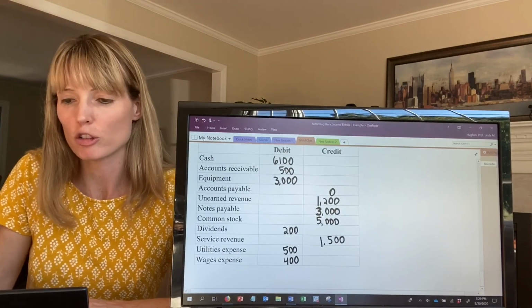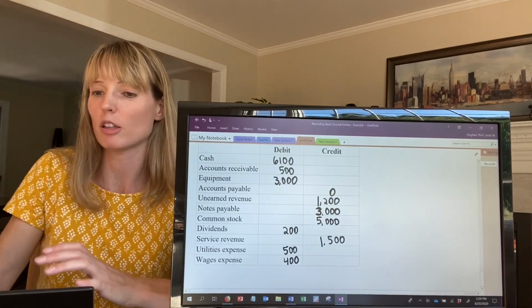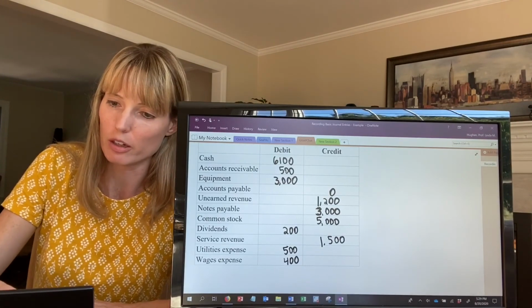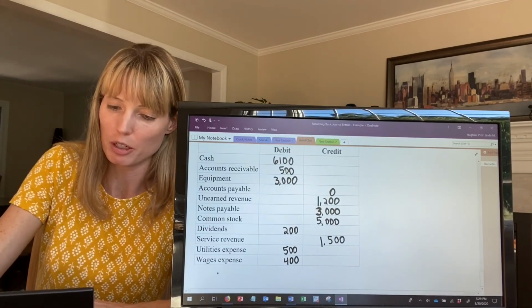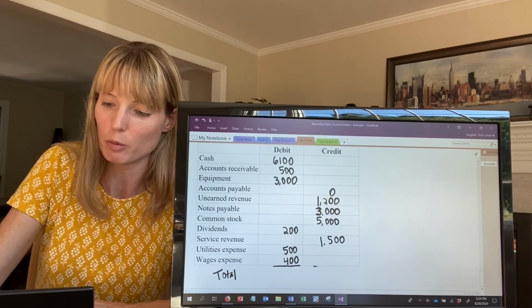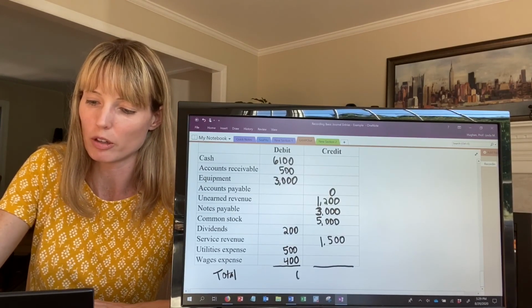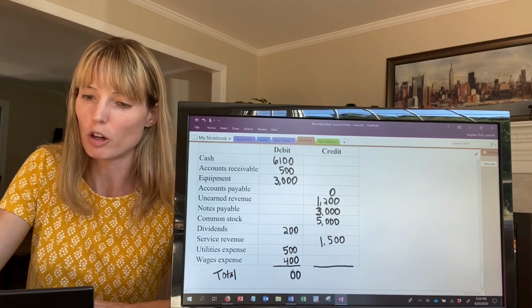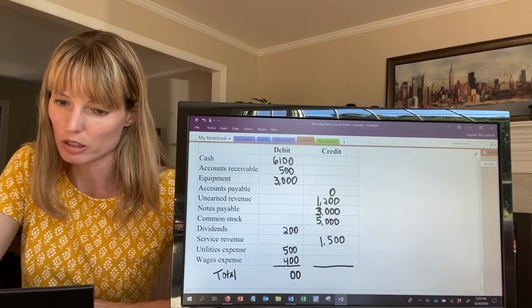Now my trial balance should balance. Remember, trial balance is nothing more than a list of all of your accounts and their balances at the end of the period. Typically, the trial balance is going to show a total at the bottom. We want to make sure that the sum of all our debits equals the sum of all our credits.